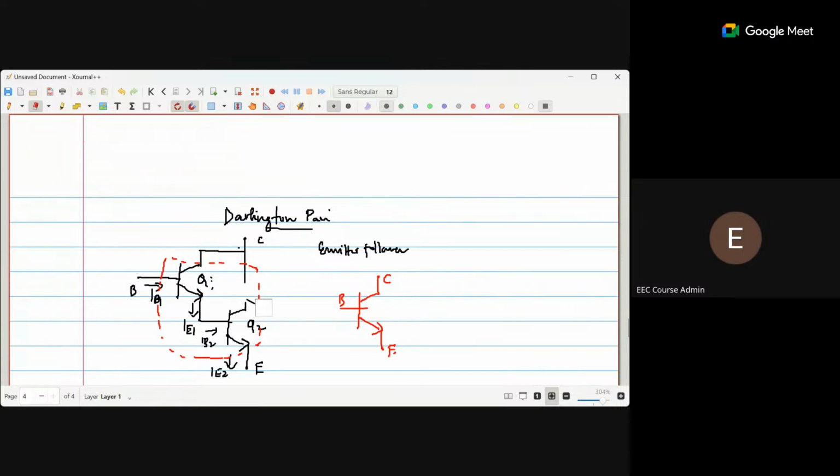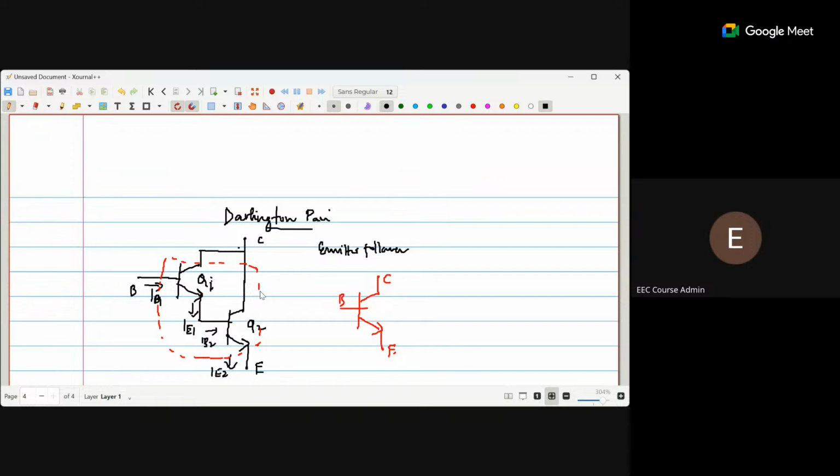So this finds application where you require a high value of gain. Also, it almost makes the base current zero compared to the other cases.